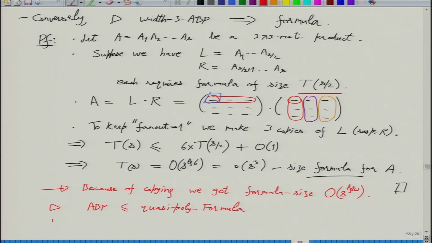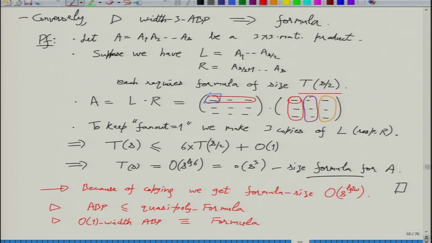The other thing we have shown is that the model formula and constant width, so whatever a formula can compute, constant width ABP also can compute. They are exactly equivalent up to poly size blow up, right?